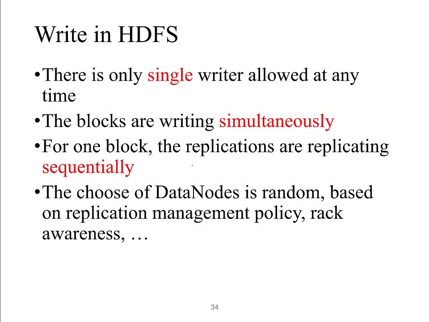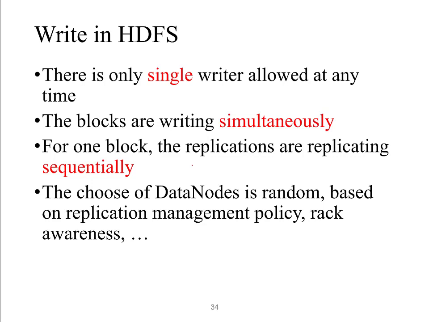Basically, let's say there has already been a client that opens a file for writing, and the name node has known that, and here comes another client who wants to write into the same file and asks for permission from the name node. In this case, the name node will reject the write request from the second client until the first client has finished writing. All right.